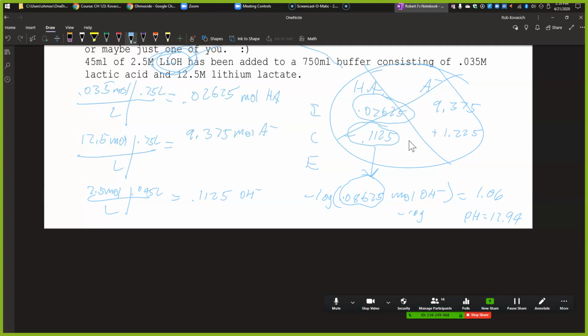Even if you get a negative number, you just take the negative out and use the number. What happened? We reacted the base with the acid. I had some of this stuff, and I threw in some of this stuff, but this stuff was much bigger, so I have leftover of this stuff. So it doesn't really matter. All I need to know is how much leftover stuff there was. Okay.